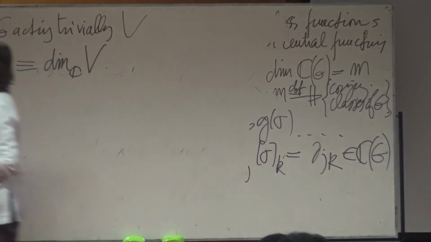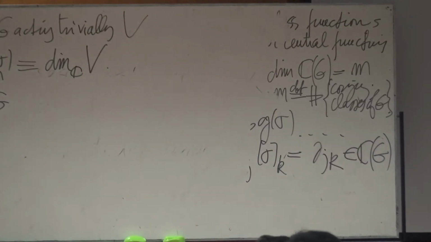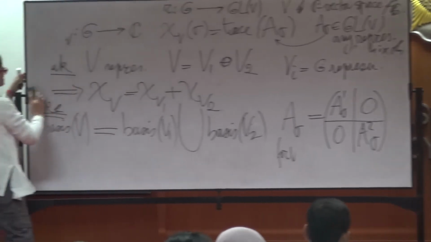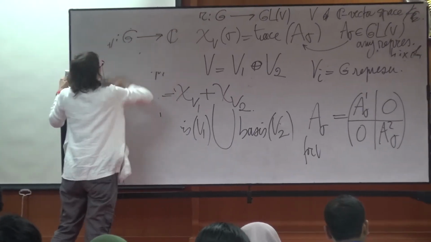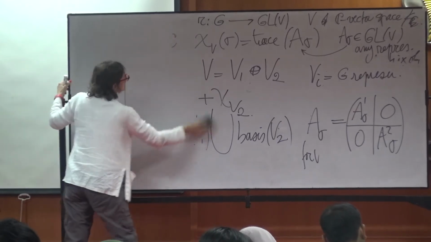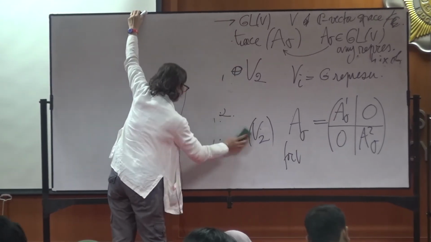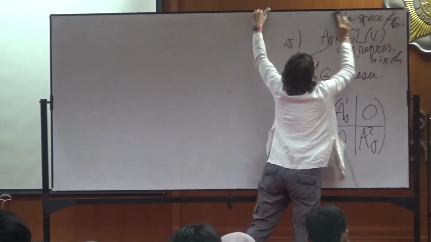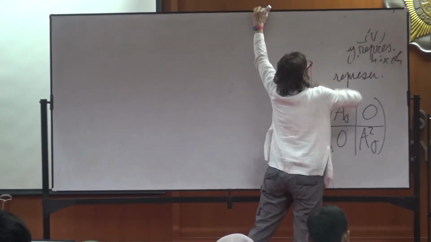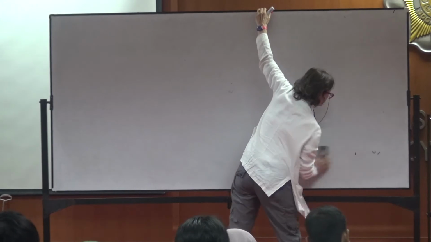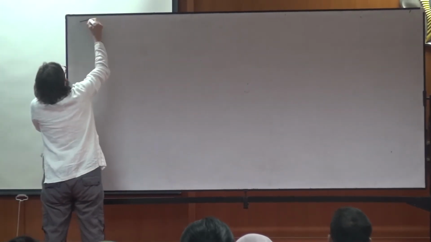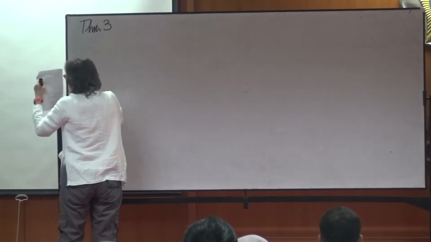So now I will write here on the blackboard two theorems about characters, which will be proved by René. I write them so we have them, and we explore them in some examples. This is what René called Theorem 3.